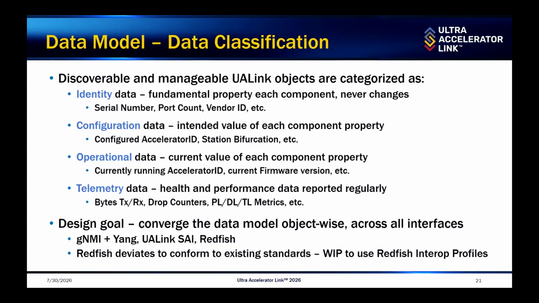Things like serial number, you could have a UUID for a switch or an accelerator, port IDs, which are port numbers, which are typically fixed for a given switch implementation. There's a vendor ID, very much like how a PCIe vendor ID looks. Port counts on a switch, for example, they're all immutable bits of information. So that falls into identity, purely read-only.